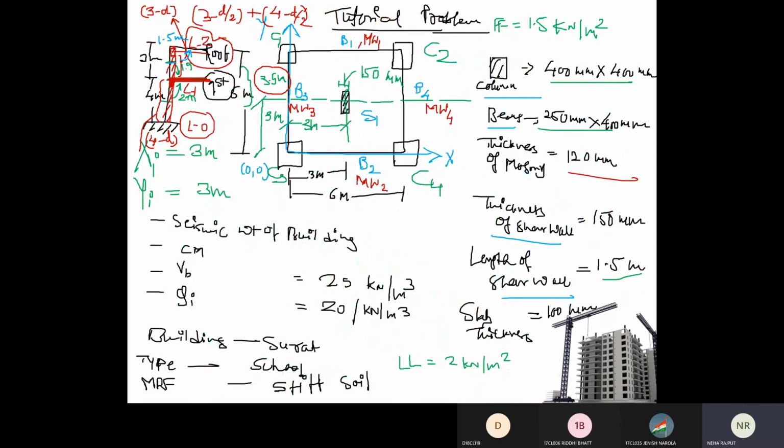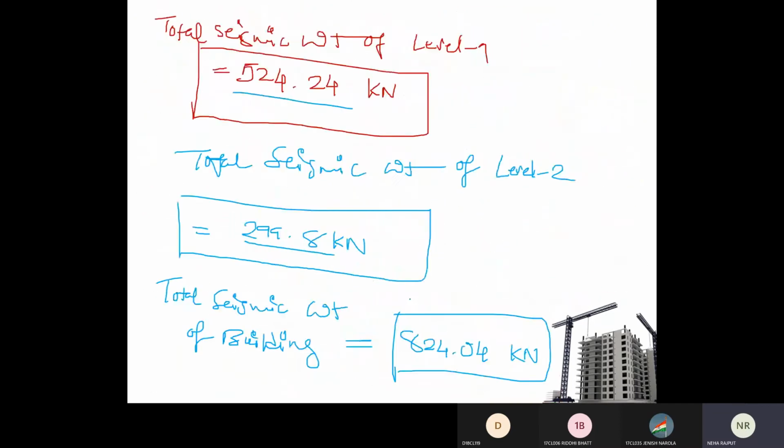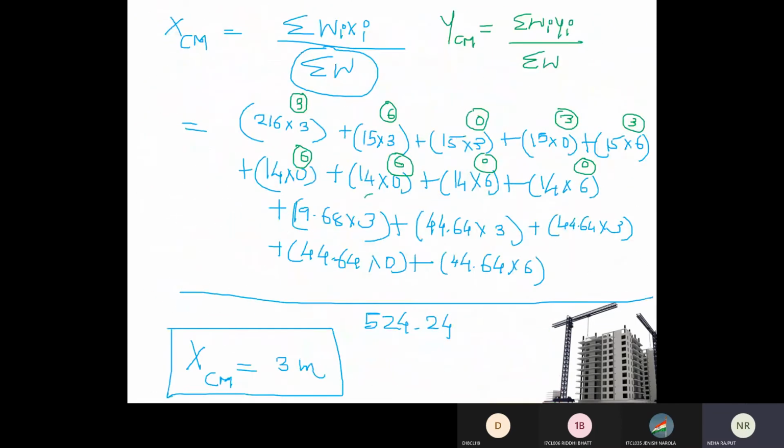Distance will be 3 meter. Now masonry will remain the same as your beam, so 6, 0, 3, 3, and the total remains the same, 524.24, and you will get the y center of mass as 3 meter.